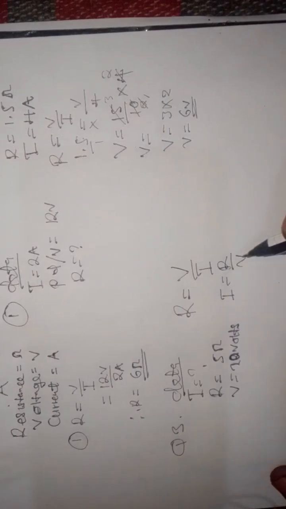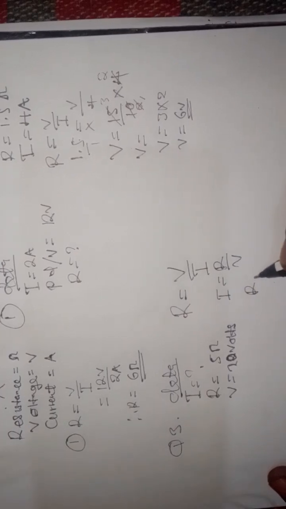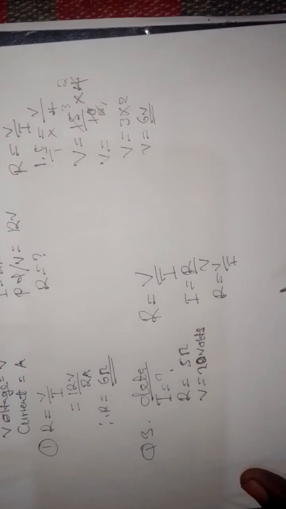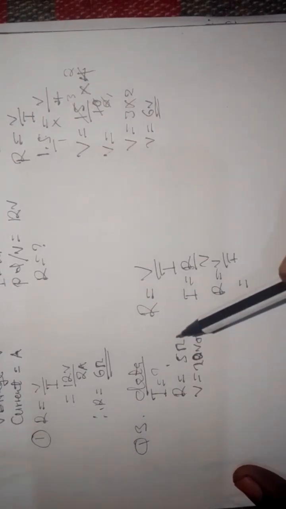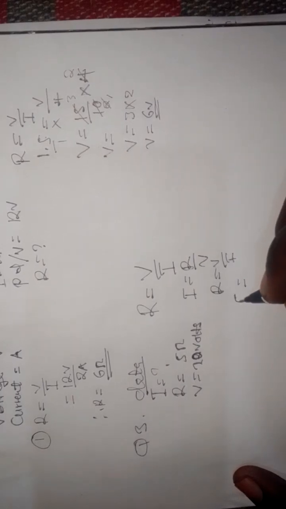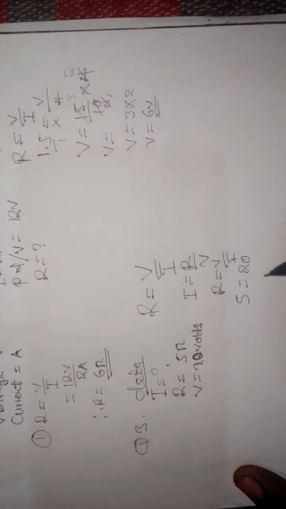So we can say resistance is equal to volts over current. Then the resistance that we have, according to our question, is 5. You can say 5 is equal to volts, which is 20, over current.